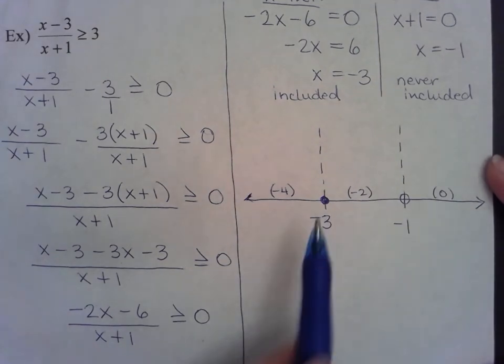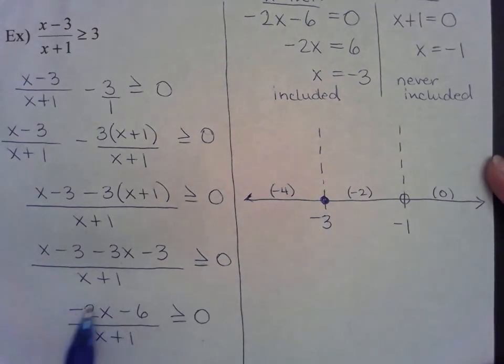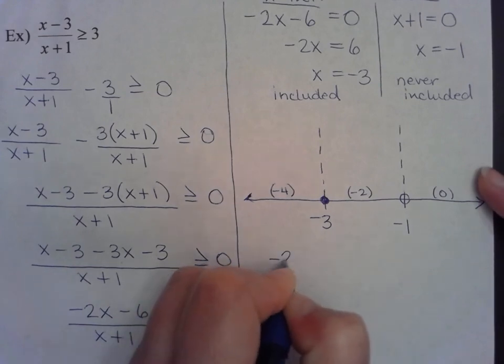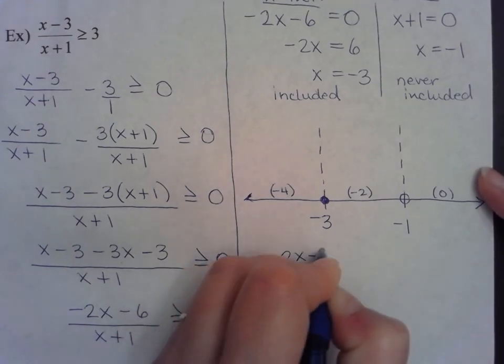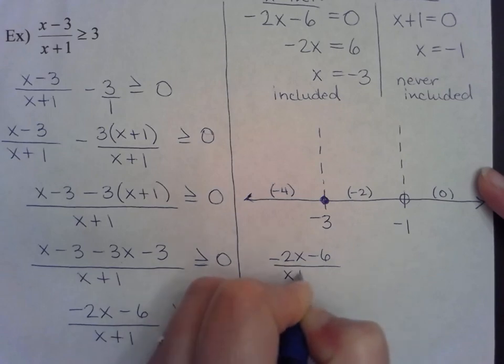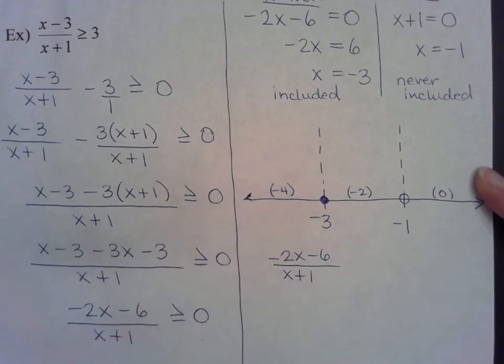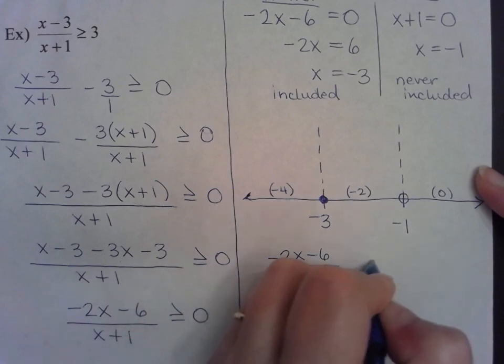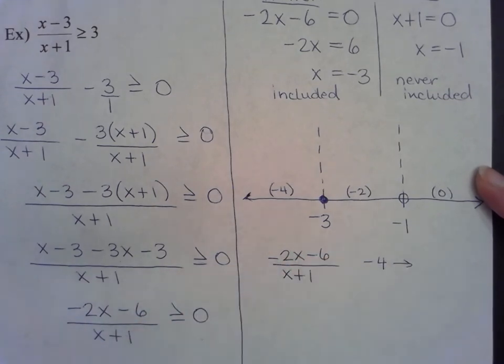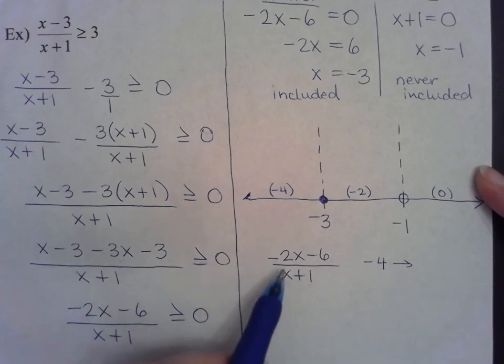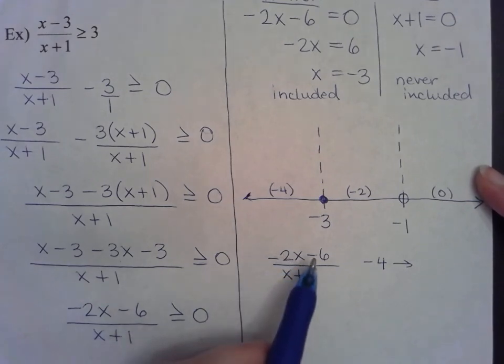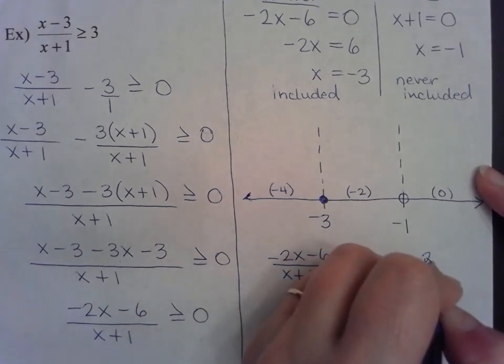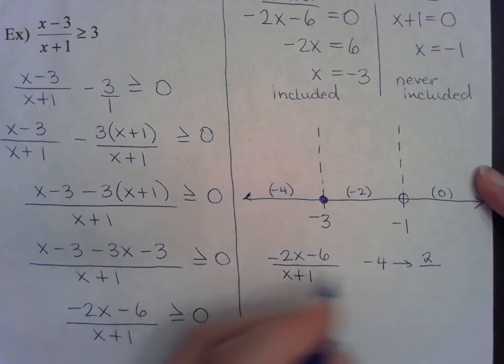And we're going to plug these 3 numbers into our fraction right here. Okay, so if I plug in -4, I'm going to have 8 minus 6, so that's 2, over -3.